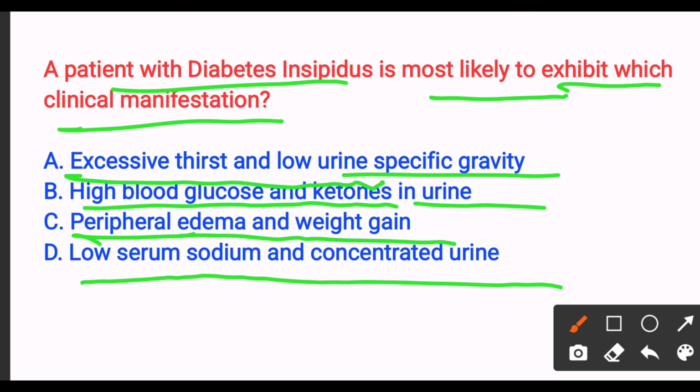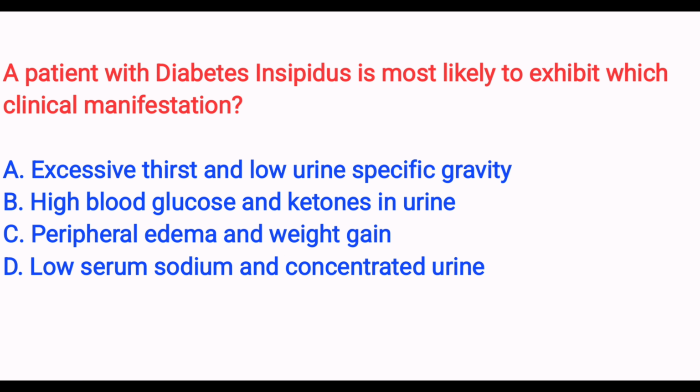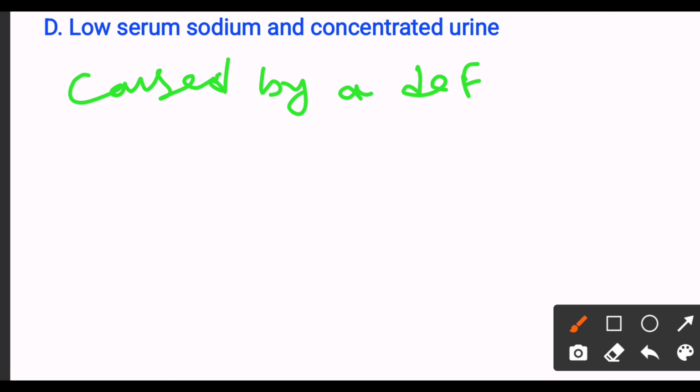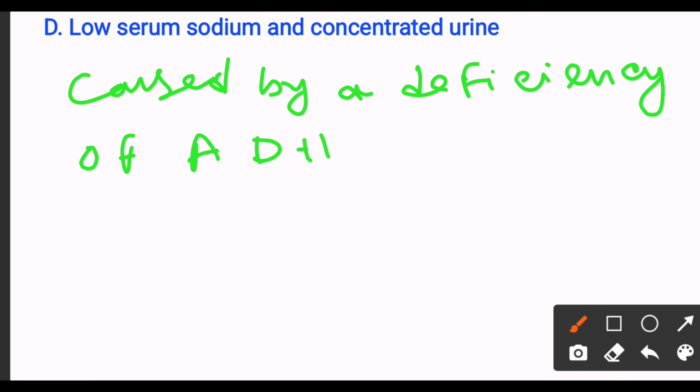The answer will be option A, excessive thirst and low urine specific gravity, because diabetes insipidus is caused by a deficiency of ADH.